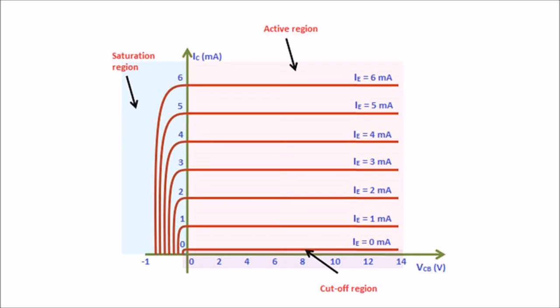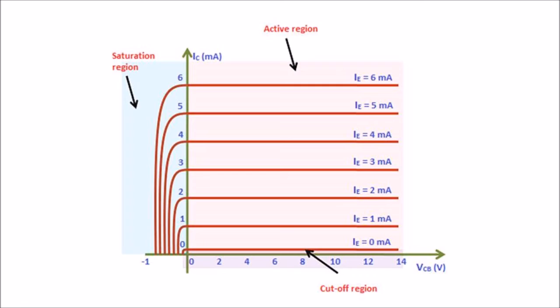This is repeated for higher fixed values of input current IE, that is 2 milliampere, 3 milliampere, 4 milliampere and so on. From this characteristic, we can see that for a constant input current IE, when the output voltage VCB is increased, the output current IC remains constant.